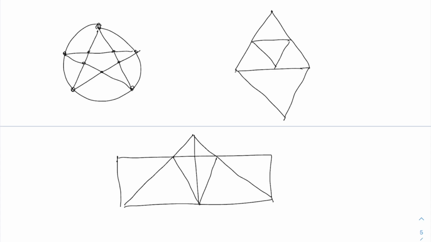If you think there is an Euler circuit or path, you should try to draw it in. Look at the numbers first.